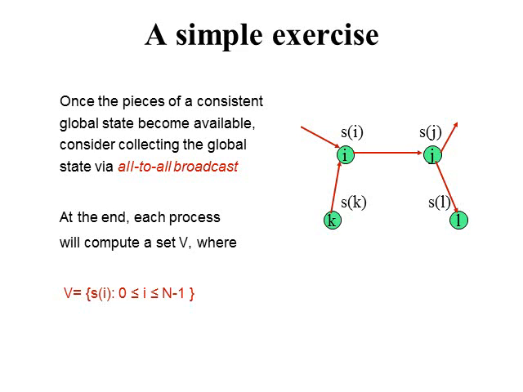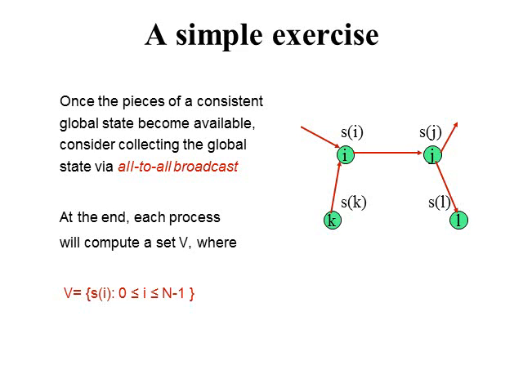So once again, let's look at a simple exercise of collecting the global state of all the processes. To begin, let's go back and remember how we recorded the local state of each of the processes while collecting the global snapshot.